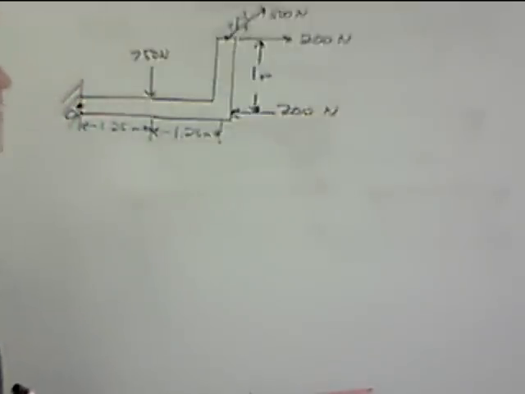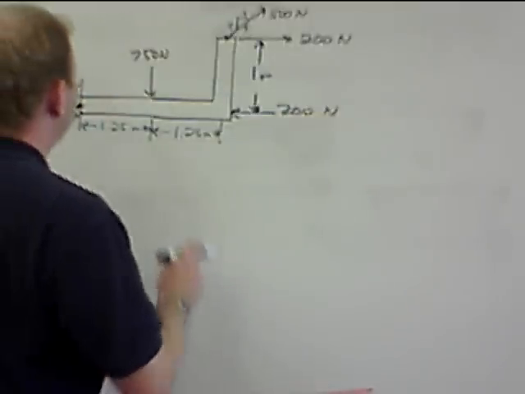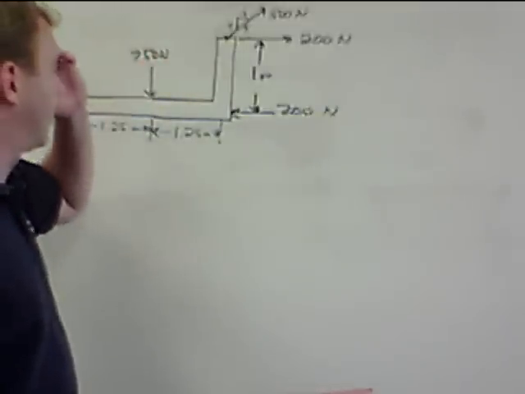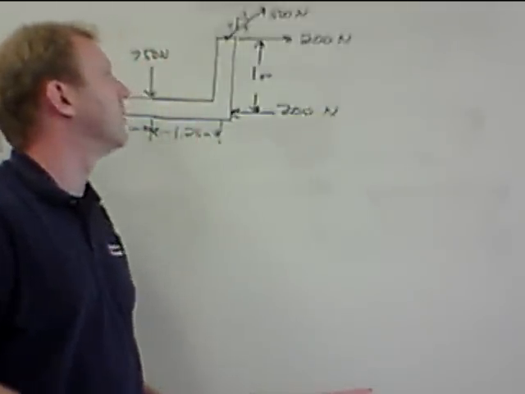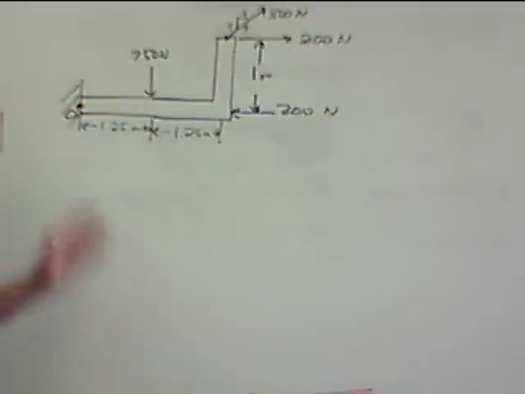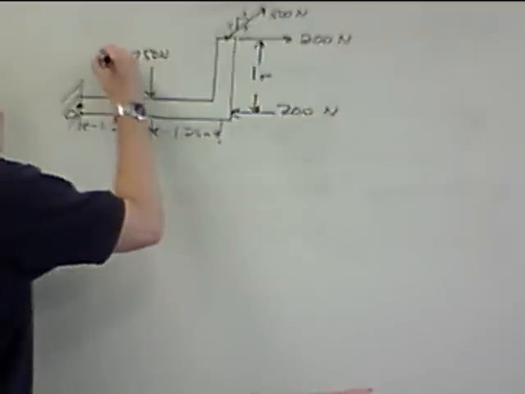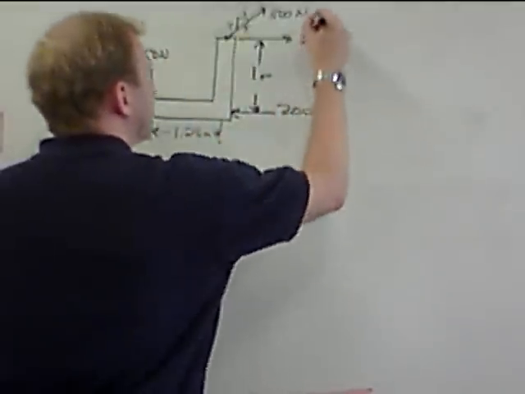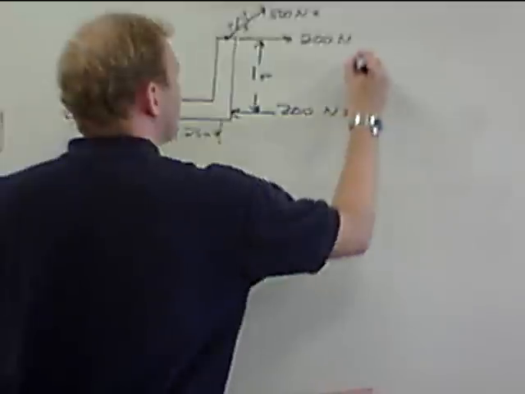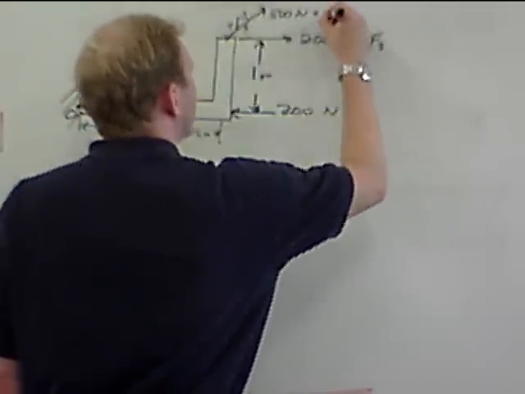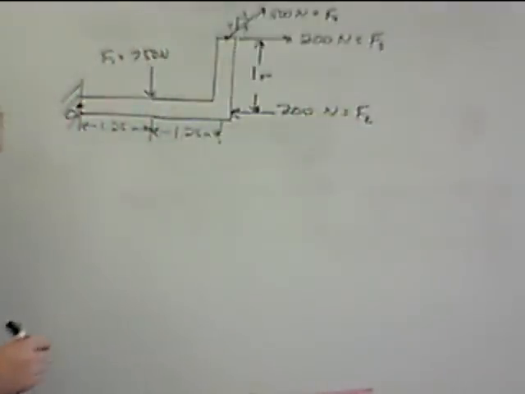So essentially, we need to find the force at point O. It's going to have an x and a y component. And we're going to have to find the moment, the resultant moment, the equivalent moment of the entire system. So let's start with the x components. We'll just start numbering these forces for the sake of simplicity: F1, F2, F3, and F4.